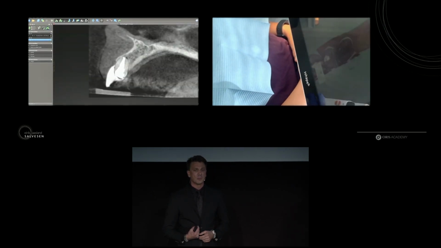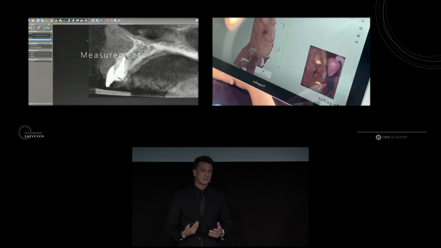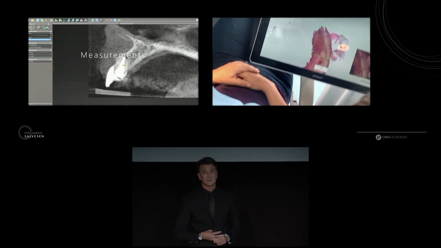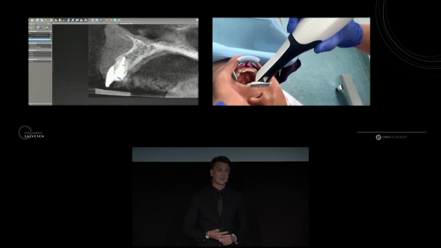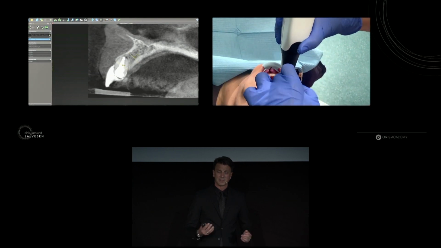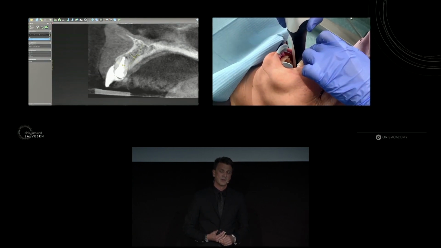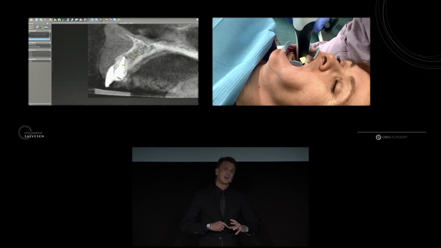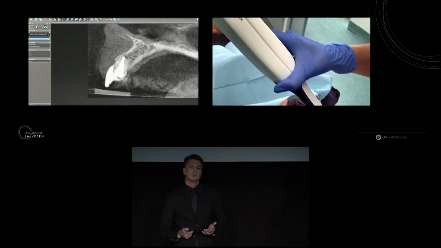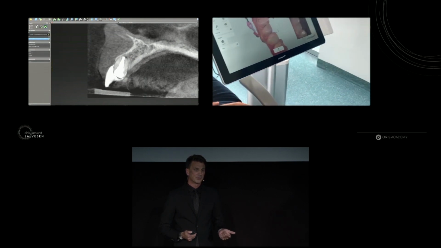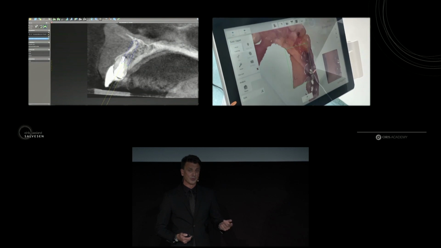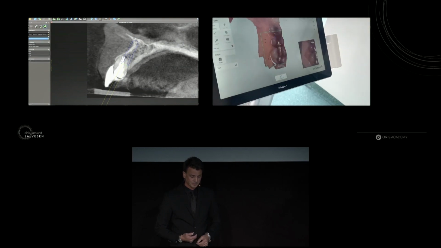We use the cone beam CT to plan in different software. For these cases, we use coDiagnostiX. And we also use intraoral scanning by 3Shape, which in my opinion is the market leader in this. Then we combine this information to obtain enough surgical and prosthetic information to provide a predictable surgical procedure, but also a temporary prosthetic procedure.